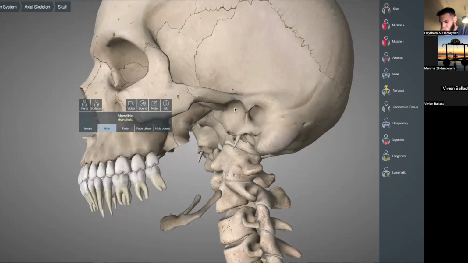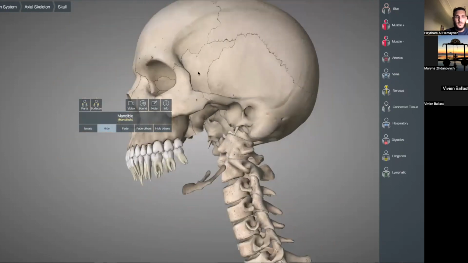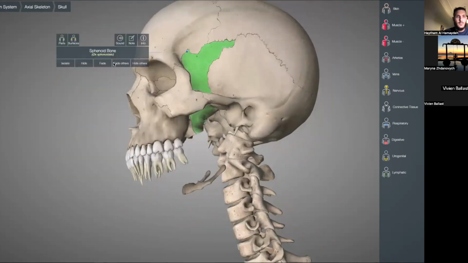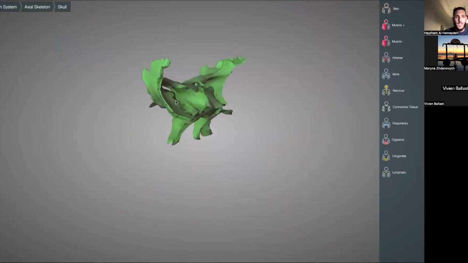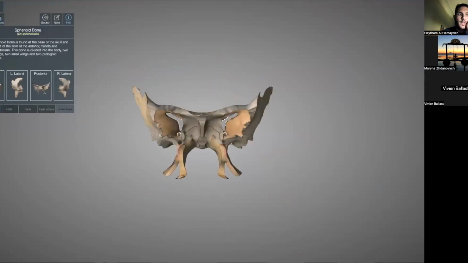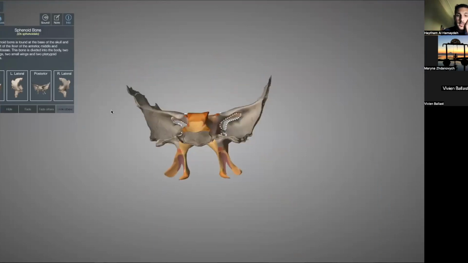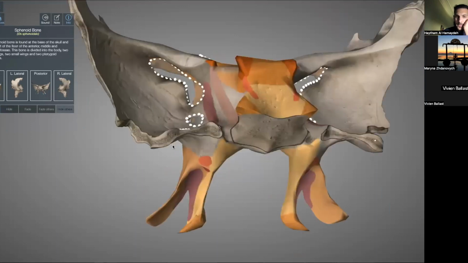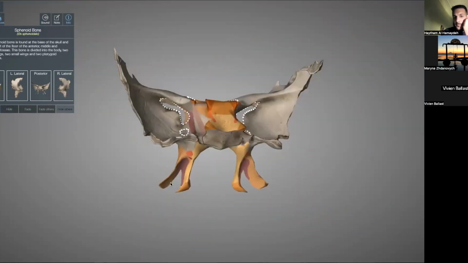Then we have, yes, this one. Is it the condylar process? Yes, exactly. Okay, here we have this fossa here. There we go. Pterygoid fossa.